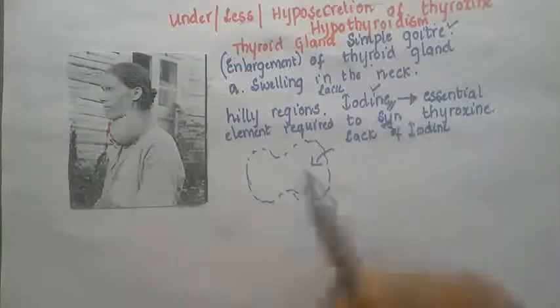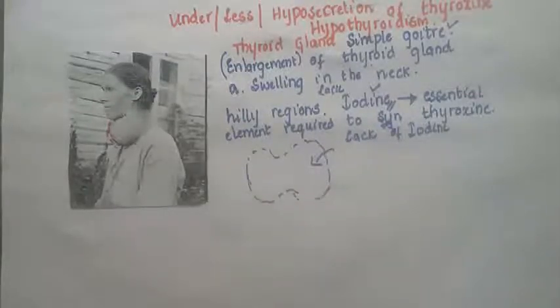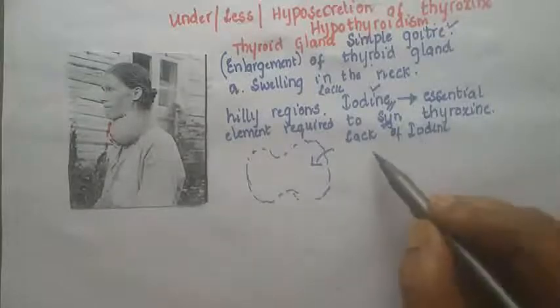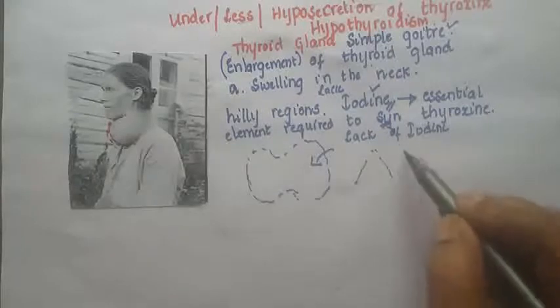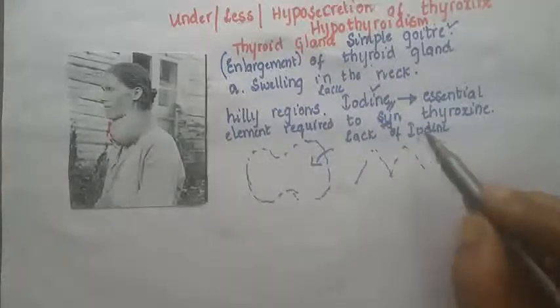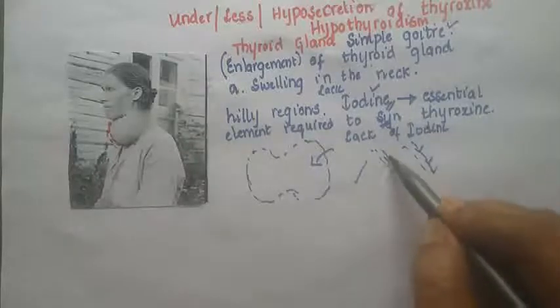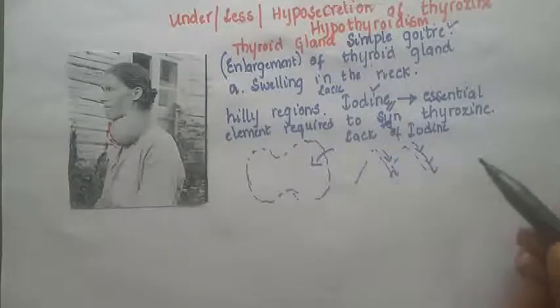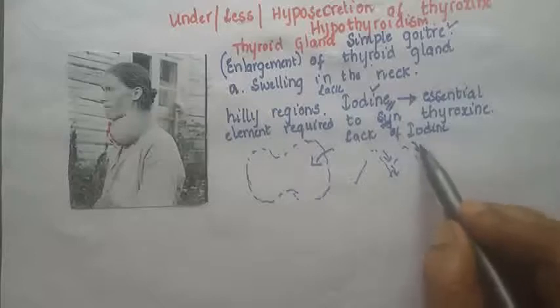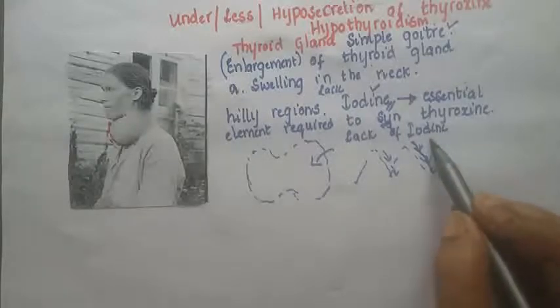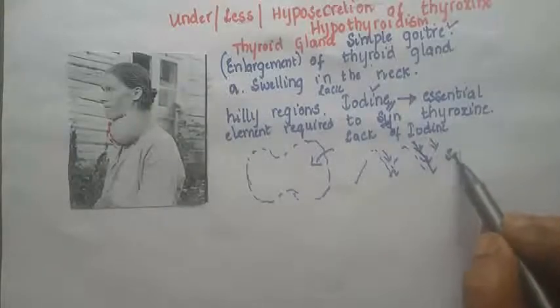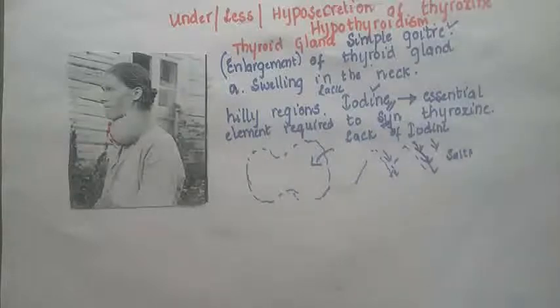Right? So just now I said it is more common in the people residing in the hilly regions. It's because, as they are residing in the hilly region, as it rains, most of the time there is an erosion of soil, right? So as there is erosion of soil, there is even a removal of salts from the soil.